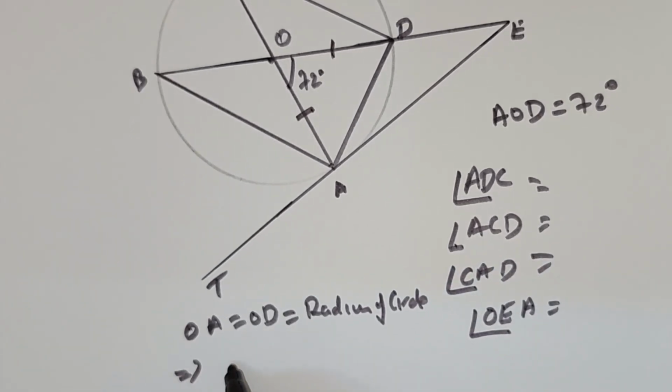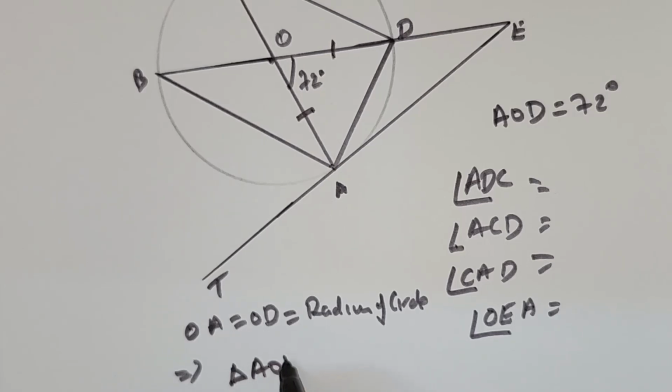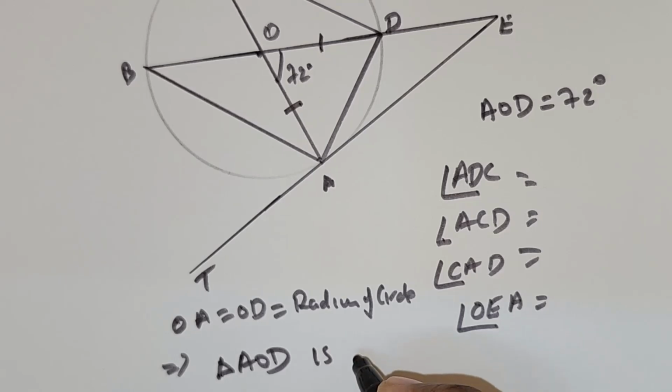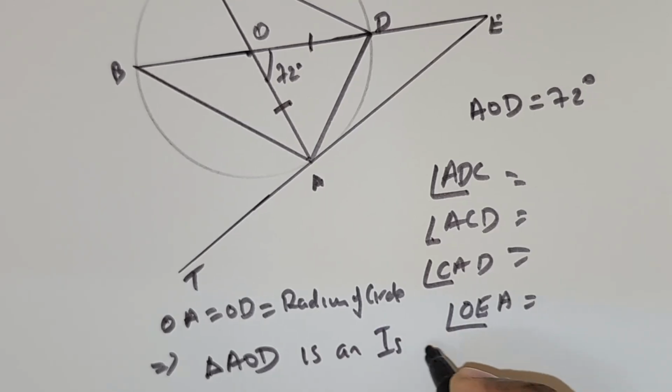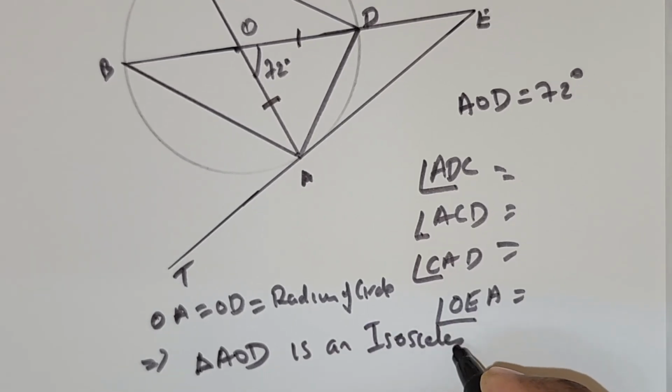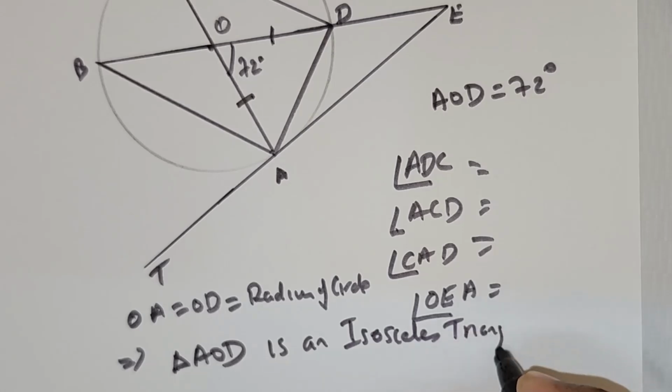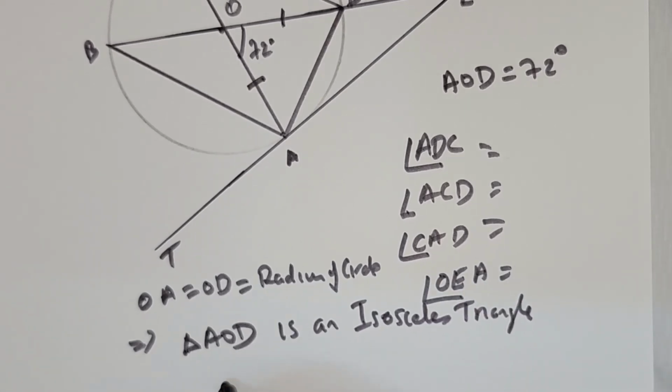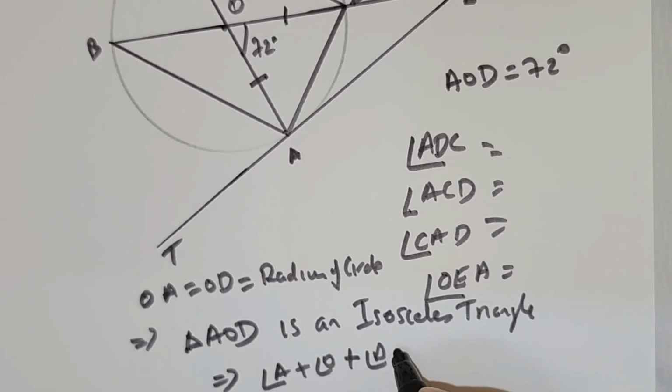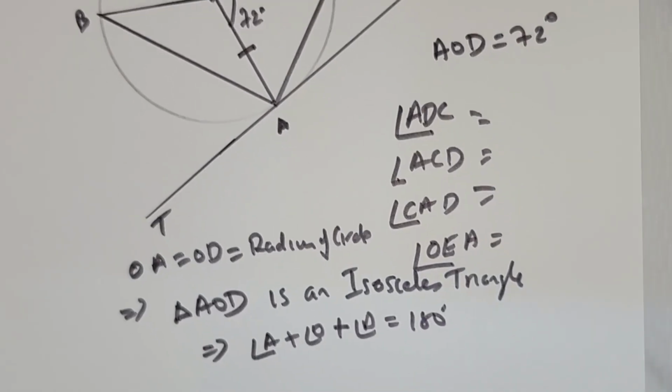So this means triangle AOD is an isosceles triangle. Okay, so this means the sum of angle A added with angle O added with angle D is 180 degrees.